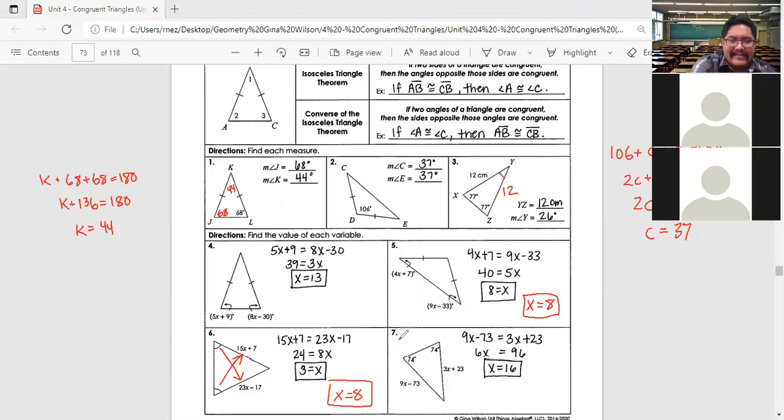Wait, 8? Sorry, I was saying, sometimes when I'm saying something and I'm writing it, I have a tendency to write what I'm saying and not the other way around. There you go. Yeah, we don't usually talk backwards.